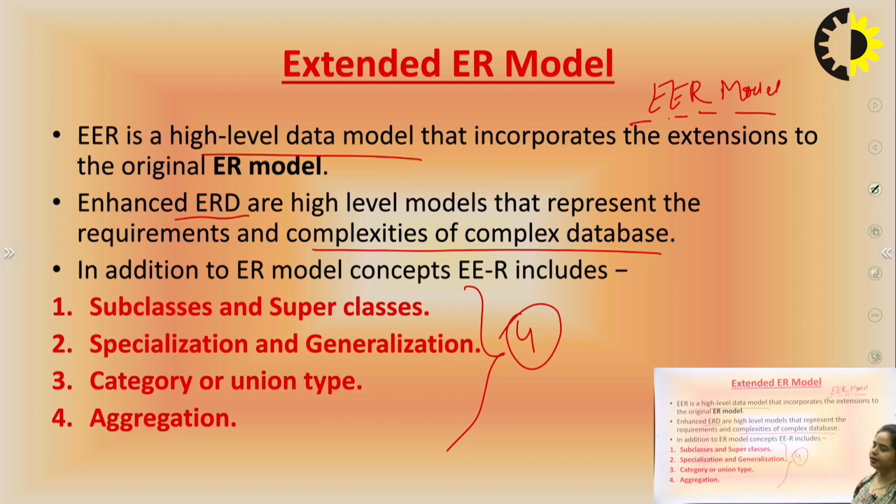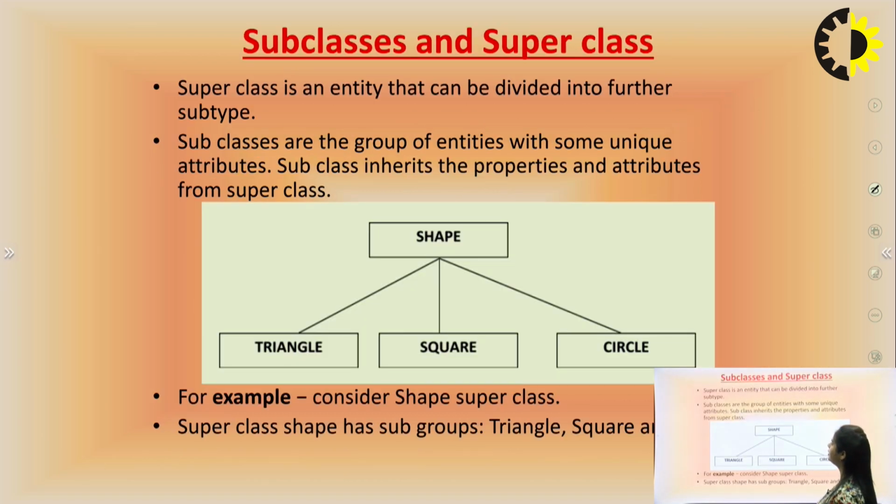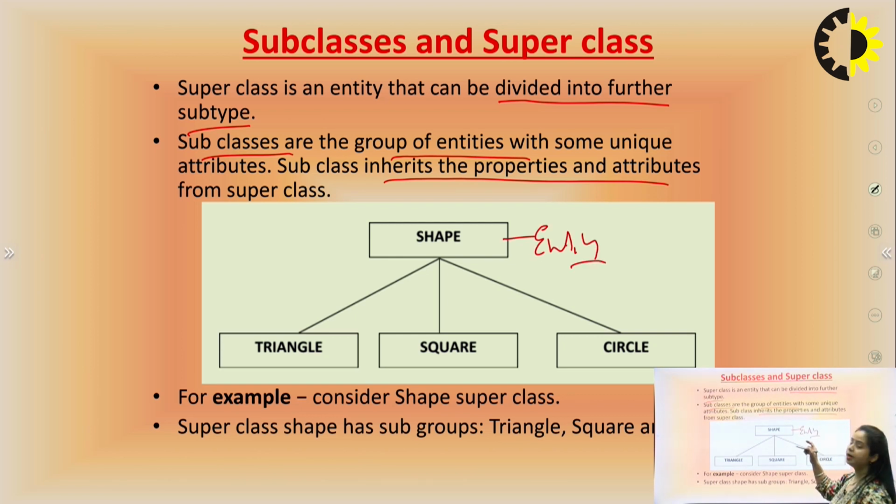Next is aggregation. First of all, we will discuss subclass and superclass. A superclass is an entity that can be divided into further subtypes. Subclasses are the group of entities with some unique attributes, and a subclass inherits the properties of attributes from the superclass. For example, consider shape is an entity, but shape can further be subdivided into triangle, square and circle.